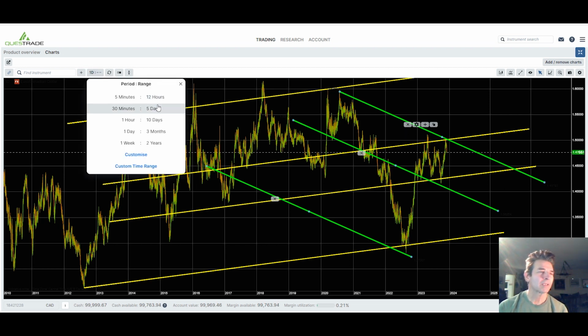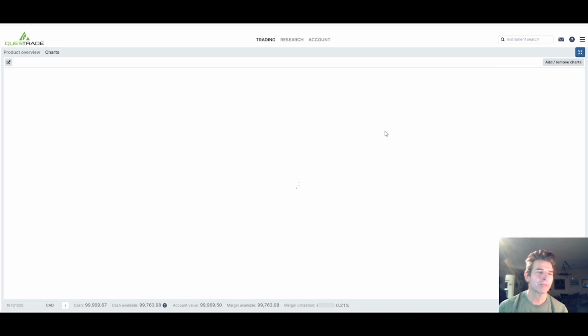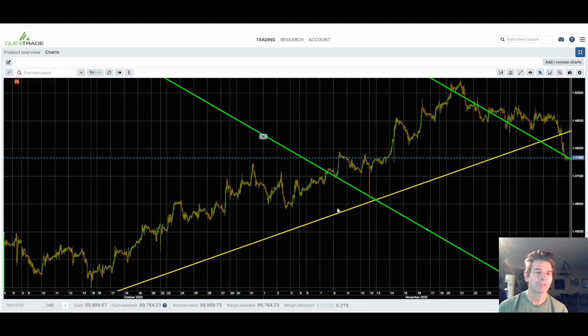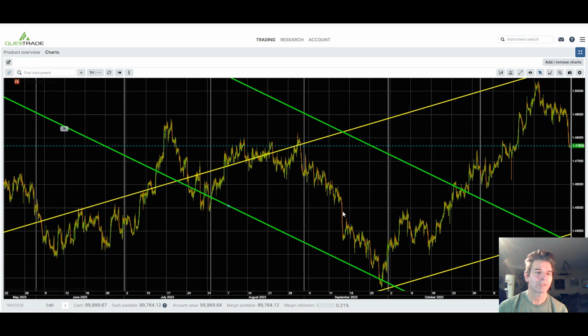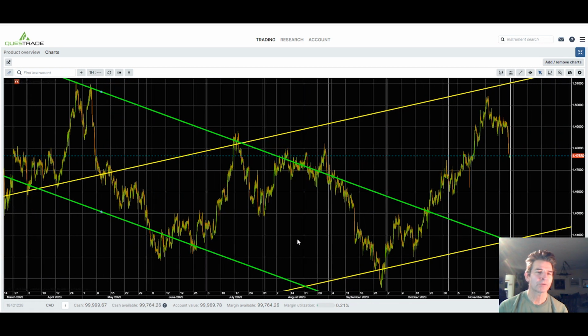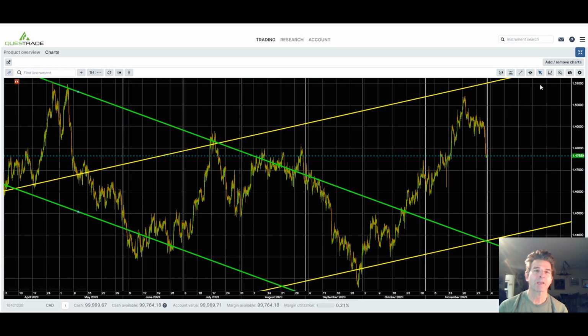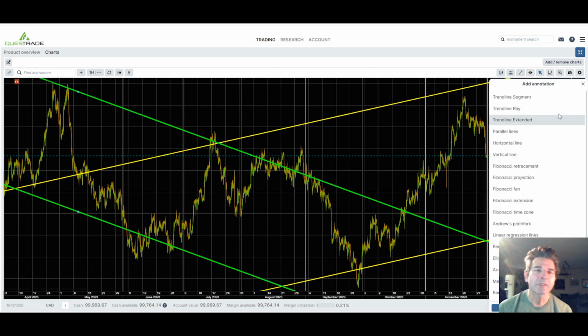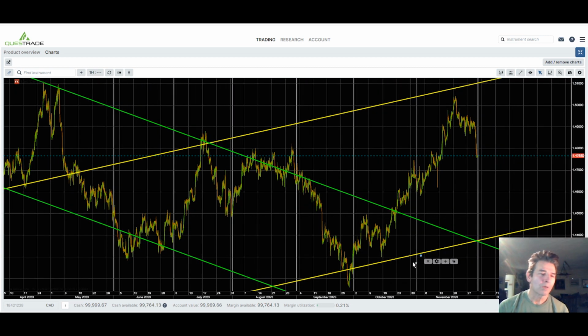Let's get in closer. Let's do a 1-hour chart and just look at this last sort of upwards trend, see what's happening with that. Can we get a convincing wave 3 here?